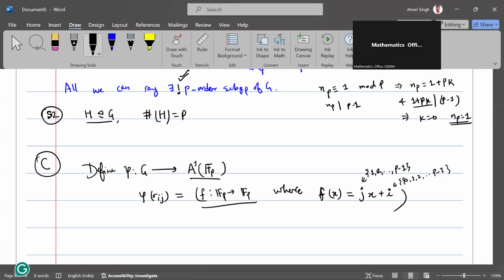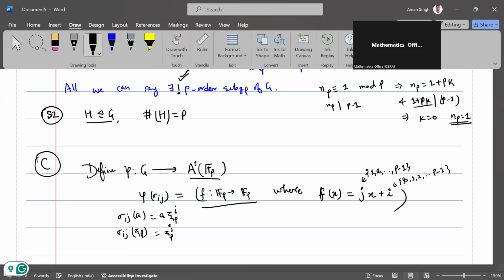Okay, so how was sigma ij defined? Let me recall for you. This was A into zeta p power i, sigma ij, or sigma ij of zeta p. This was defined as zeta p power j.